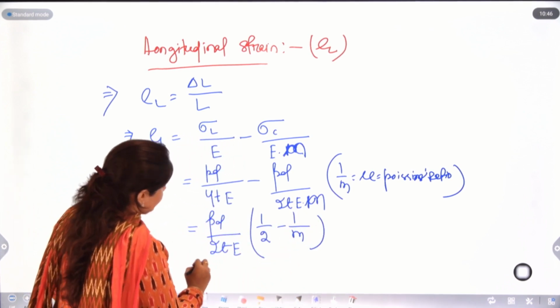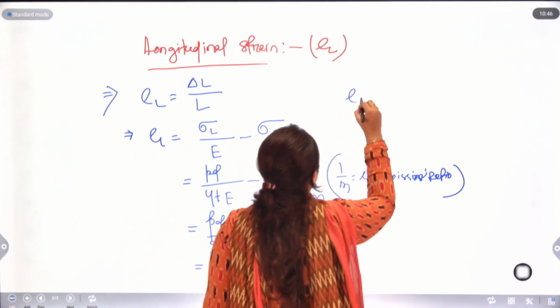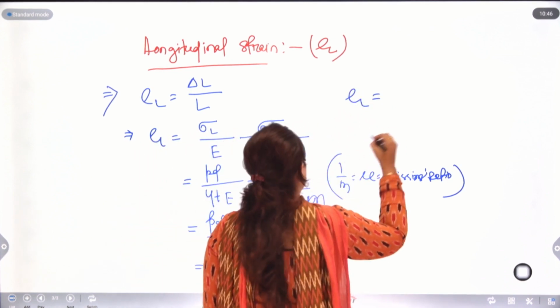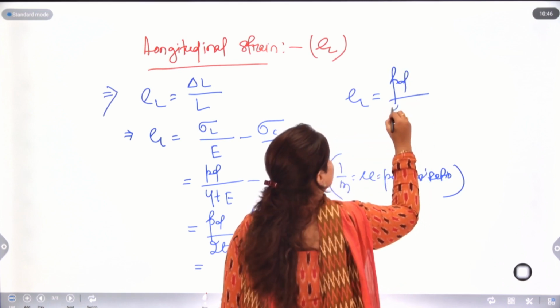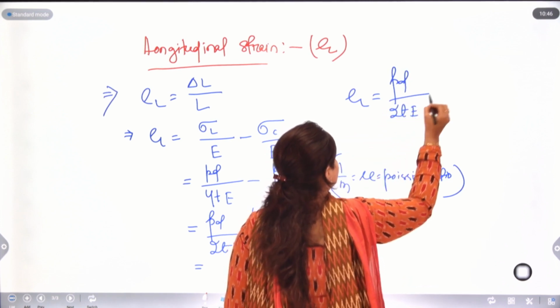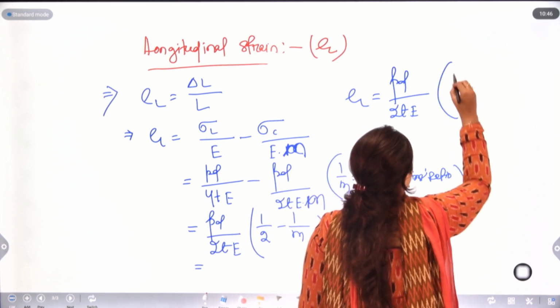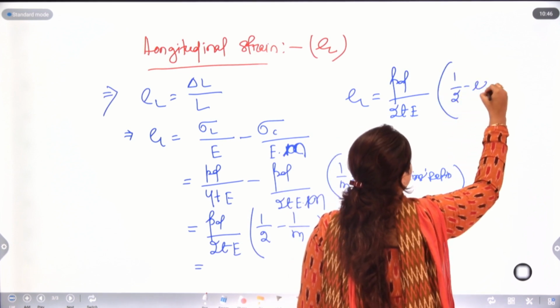Also we can write e L as PD upon 2tE into 1 by 2 minus mu.